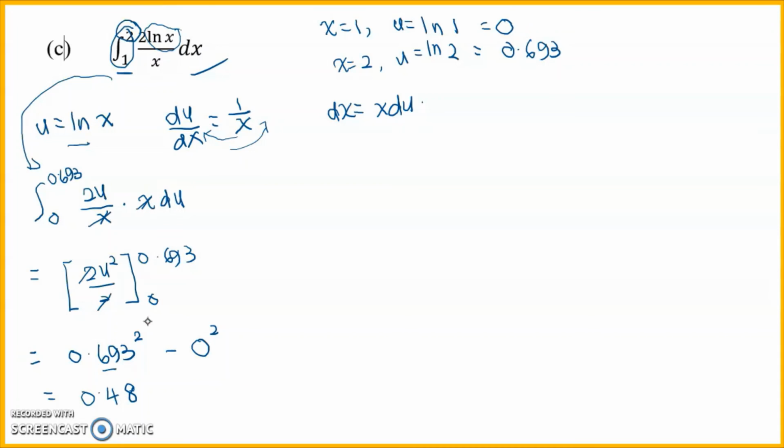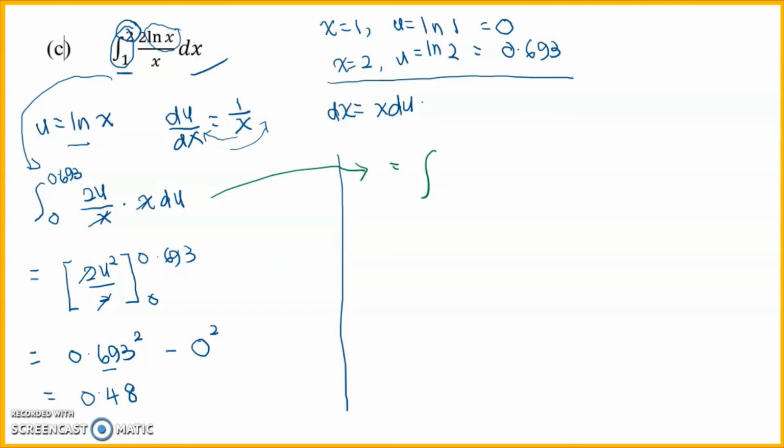Alternatively, the integration limits can be ignored temporarily while the integral is in terms of u, which means I can skip this step. So at this step, I solve the problem without the limit. So it's 2u over x times x du. I didn't put any limits here. So then I solve this one.